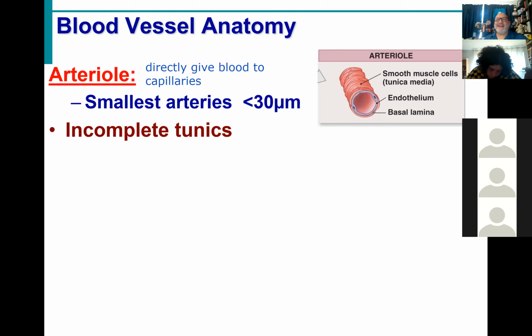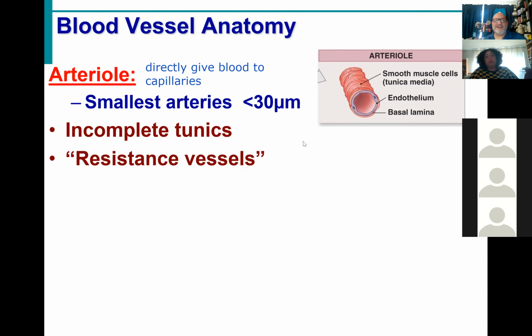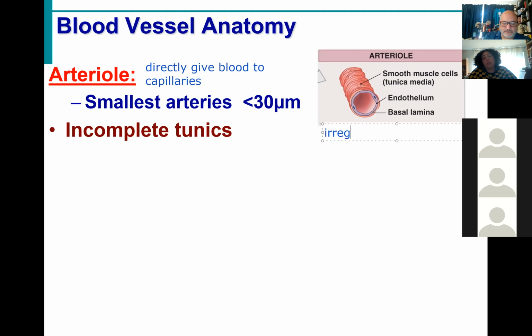But notice it has an irregular and incomplete tunica media. Notice instead of having a big, huge, thick, continuous layer, it more has irregular bands of smooth muscle wrapped around it.